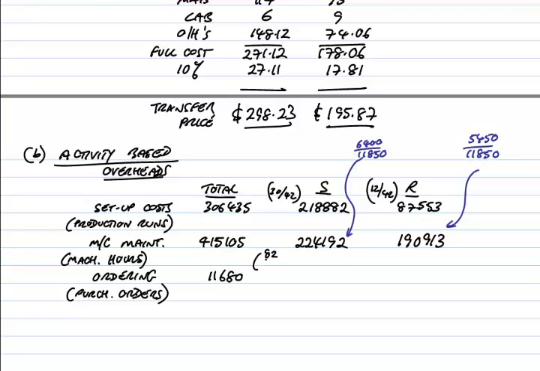So 82 out of 146 to S, and 64 out of 146 to R. So to S, 82 divided by 146 times 11,680. 6,560 to S, and to R, 5,120.